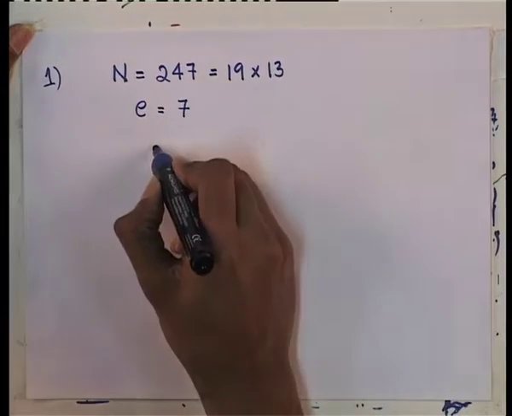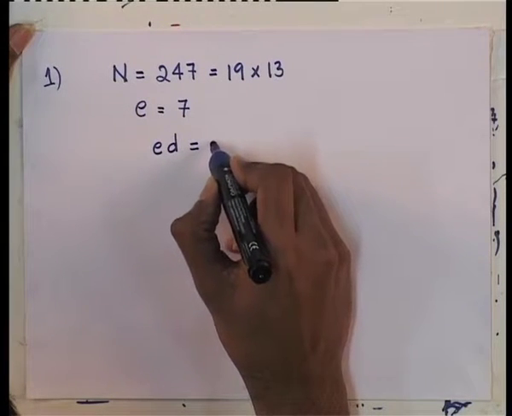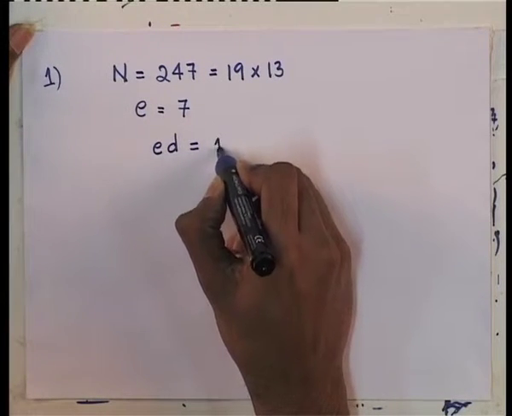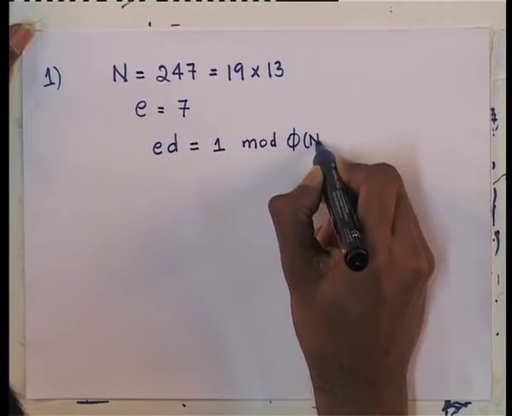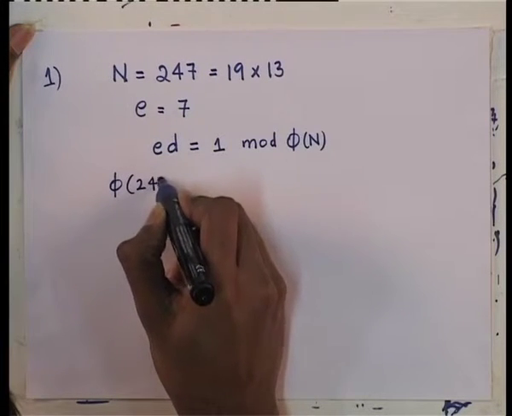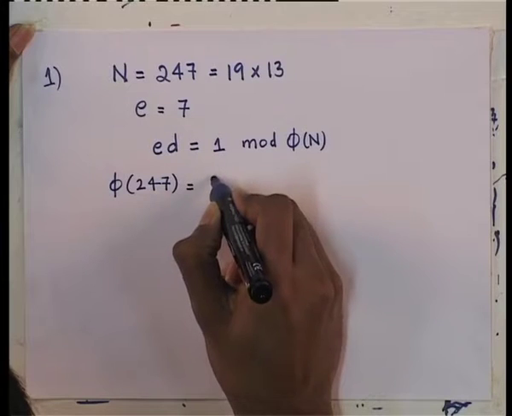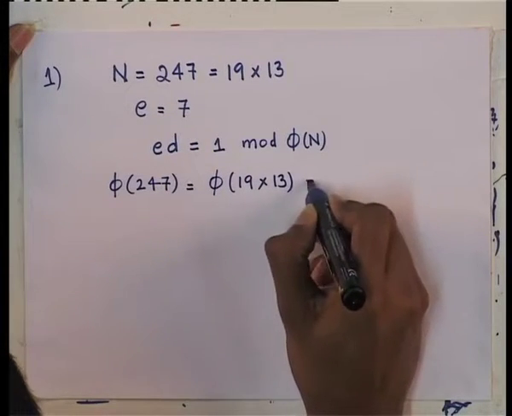We know that in the RSA algorithm, E times D must be equal to 1 modulus phi of n. Phi of 247 is phi of 19 times 13.